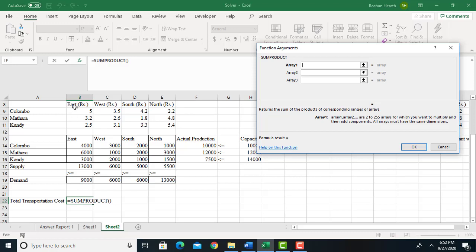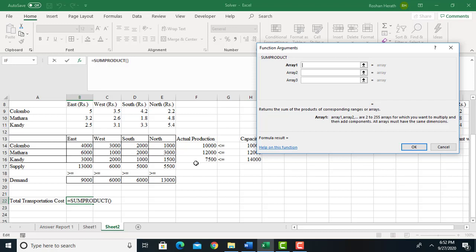Mathara, from each of its regions, the cost per unit is given, and how many units you sent is also given. So you can simply multiply the per unit cost by the number of units that you take from the Mathara plant to the different regions. Kandy, the same. From Kandy to each of these regions, it is the per unit cost multiplied by the number of units.